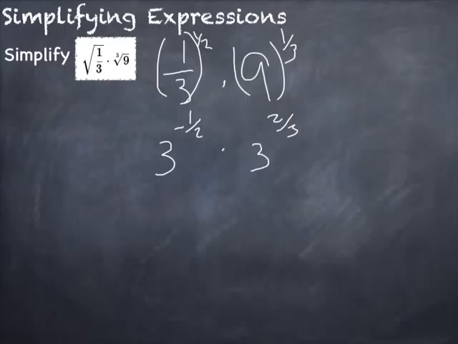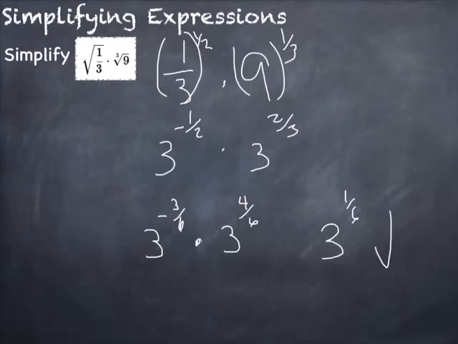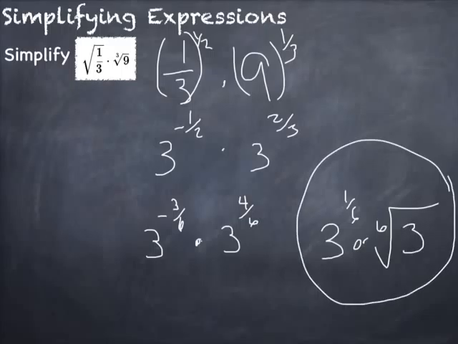And the common denominator again would be 6, so we get 3 to the negative 3/6 times 3 to the 4/6. Again, since we're multiplying these two numbers together, they have the same base. We add the exponents. 4 minus 3 is 1, so we end up with 3 to the 1/6 power, or the 6th root of 3. Again, depends on if your teacher wants it in the exponential form or the radical form.